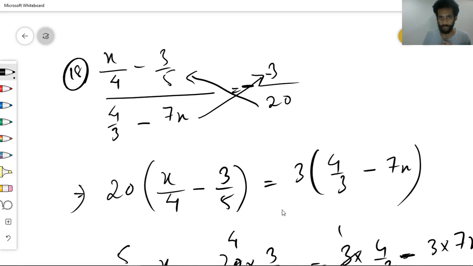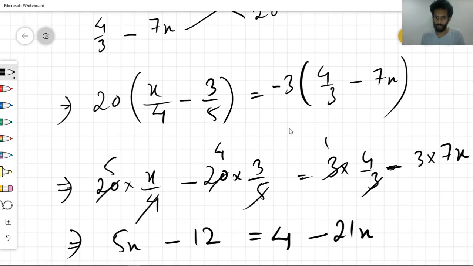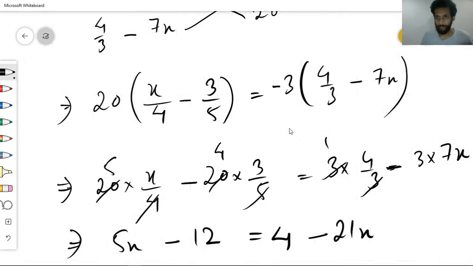I forgot to write that minus, so here it will be minus. Let's say 3 has minus, so this minus will be going to 3. Okay, because we can write minus 3 by 20, or we can write this as 3 by minus 20. So all these are same. Okay, there was a minus. I forgot to write that. So when we open this one, this part will change.